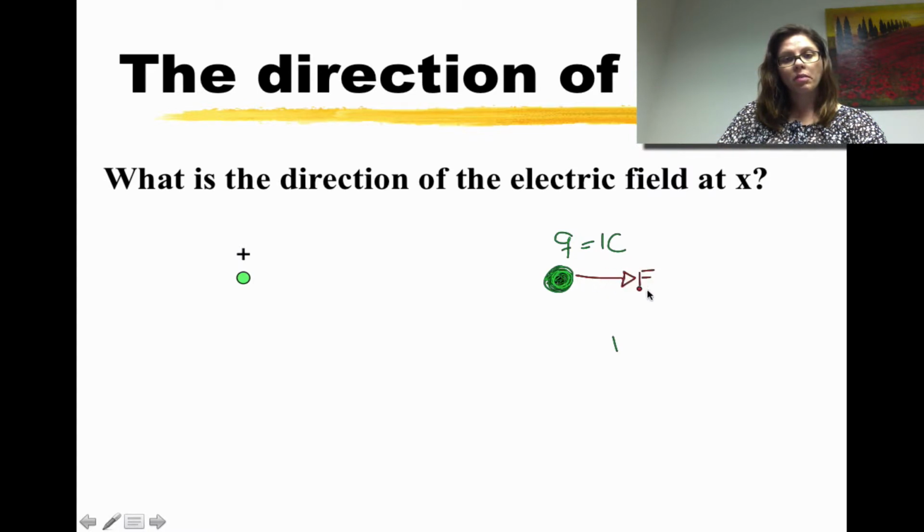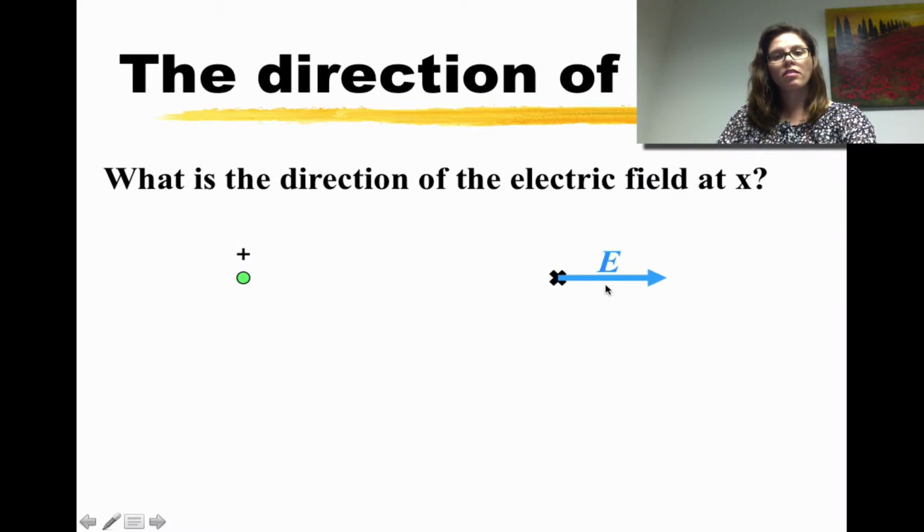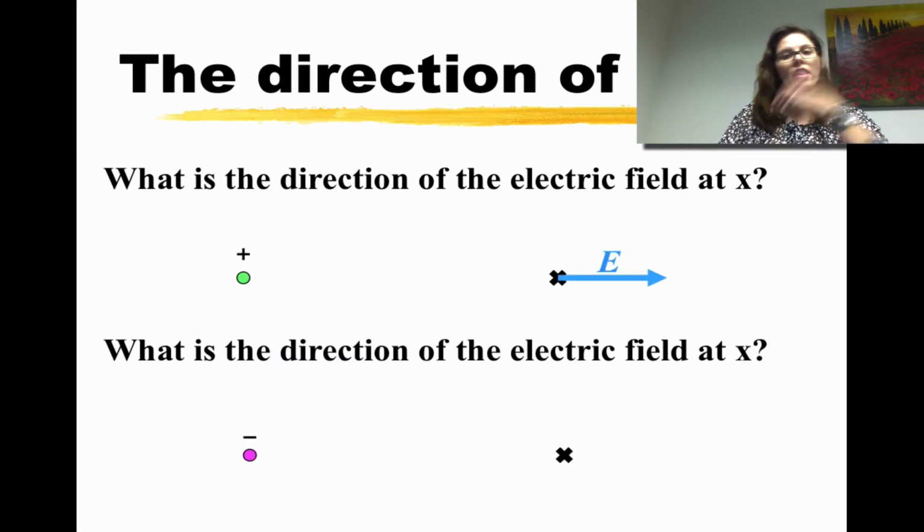And since this is a positive charge and the force is this way, the electric field is this way. Actually, since this is 1 coulomb, they should be the same length. Okay, so let me erase this. So the electric field is that way.